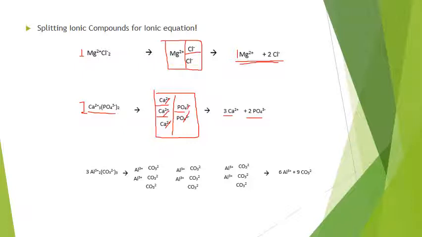Okay, all right, now let's take a look at this one. Now let's say in the chemical equation you have 3 aluminum carbonates. What is that going to look like when you write it out in terms of an ionic equation? Well, let's just piece it. We're going to just look at 1 aluminum carbonate. So 1 aluminum carbonate would look like this. And you have 3 of them.